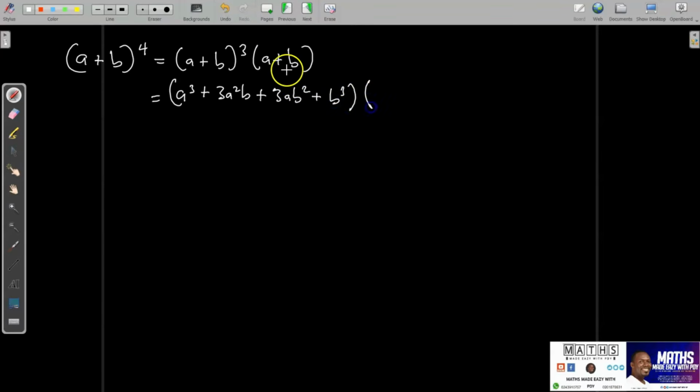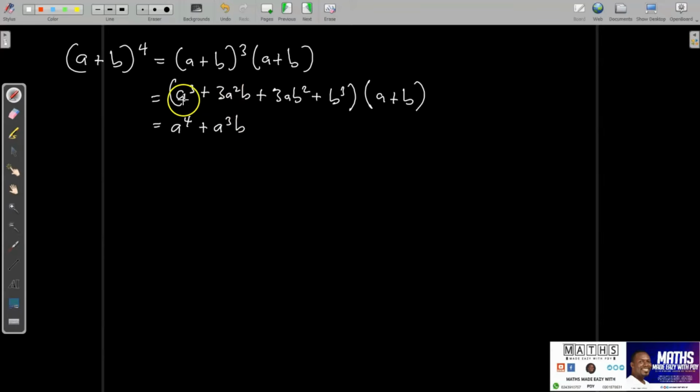Very good. Multiplying the next factor, which is a plus b. So when you distribute all the terms here over a plus b, which is in the second bracket, it means a cube will multiply a, that will be giving us a to the power 4. Does it make sense? Yes, sir. A cube again will multiply b, that will give us plus a cube b.